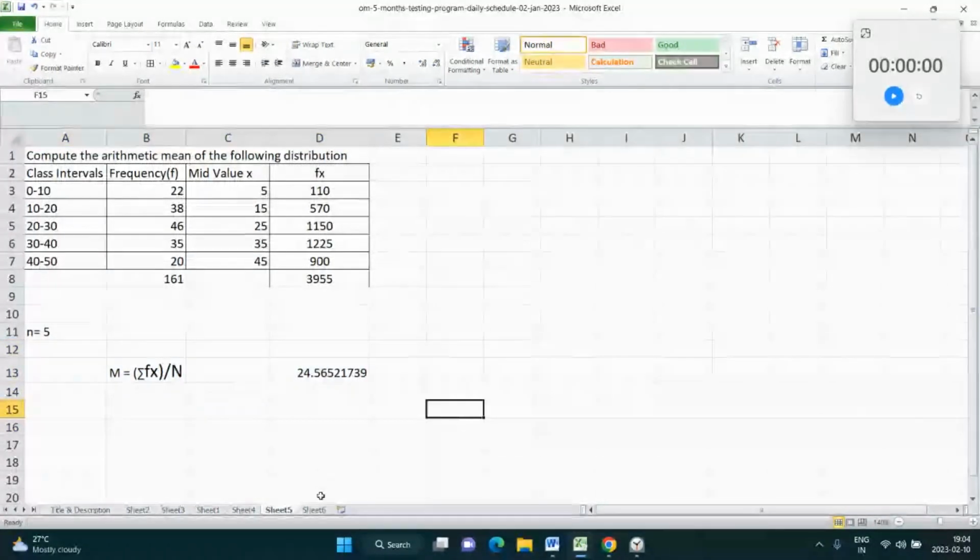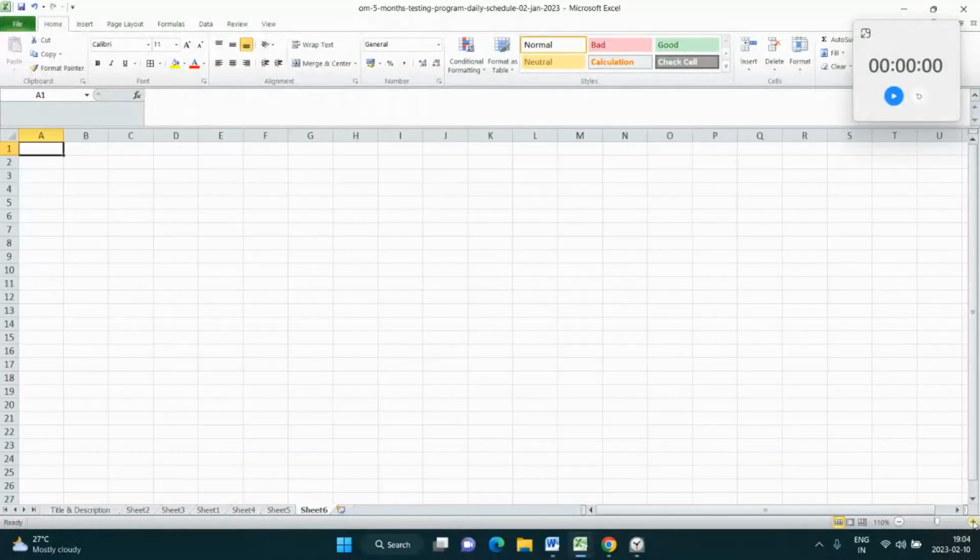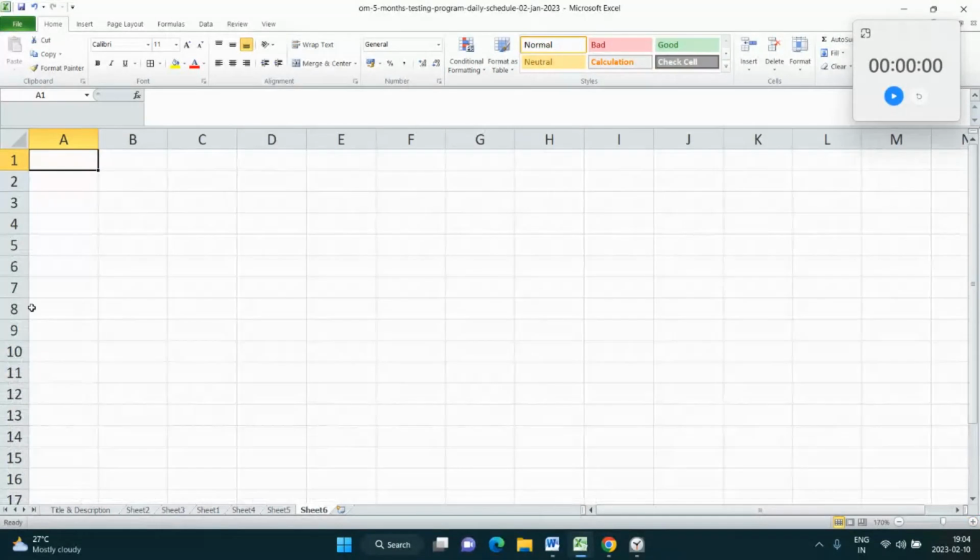So we will take one more. I will take one more sheet. I will do the same problem, same arithmetic mean calculation using a shortcut method. What we did now is the direct method.